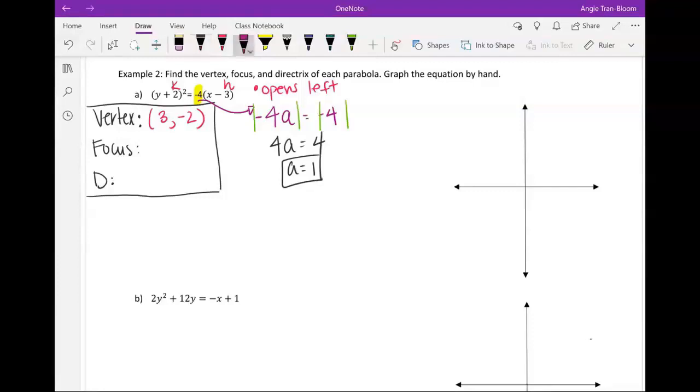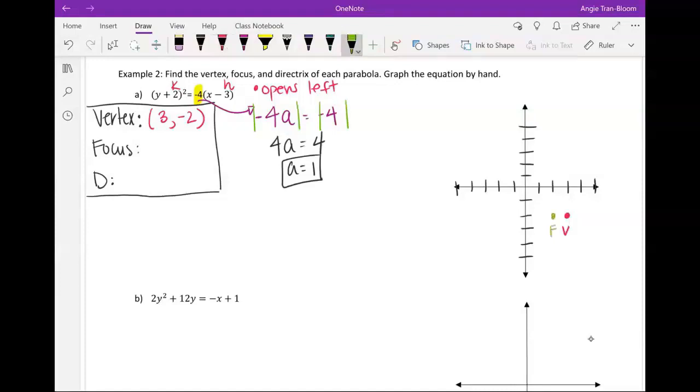So best thing for us to do right now is plot it out. Let me make some grids. Vertex is at 3, -2. So 3, down 2, label it V. We know that it opened to the left, so the focus is going to be over here.